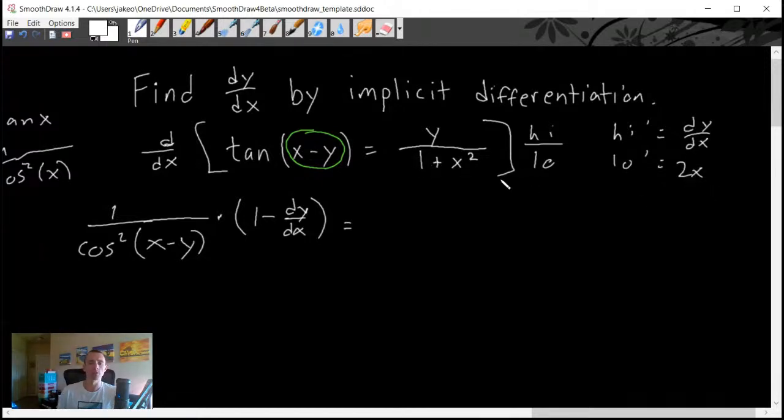Okay. So then quotient rule says the derivative of your fraction is always going to be low d high minus high d low, all over low squared. So low d high would be low times the derivative of high. High prime is the same as d high.